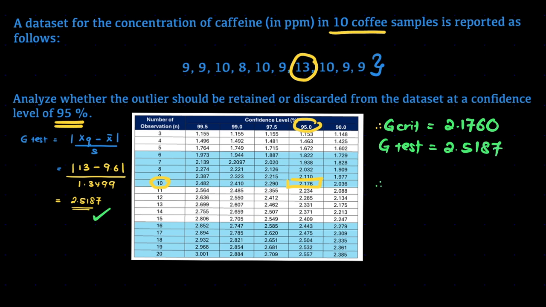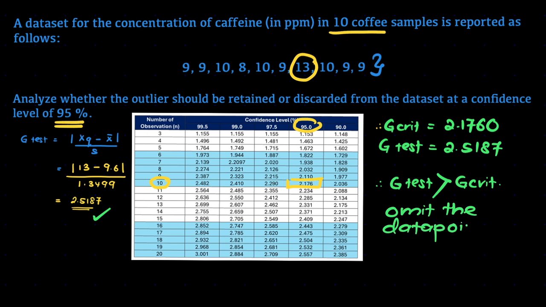In other words, the G test is bigger than your G critical. Therefore, we should omit the data point. So this is the final answer for this question.